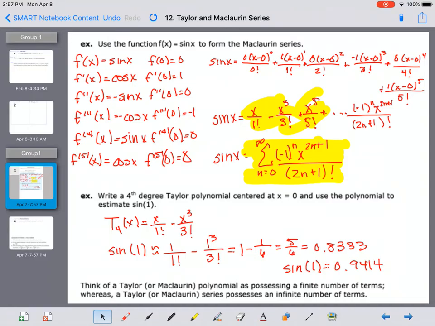A Taylor polynomial has a finite number of terms, whereas the series has an infinite number of terms. The polynomial will tell us what degree we're going to. For the series, we go all the way to n approaches infinity.